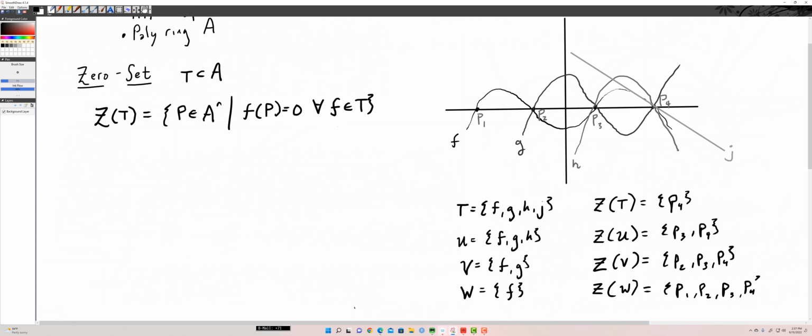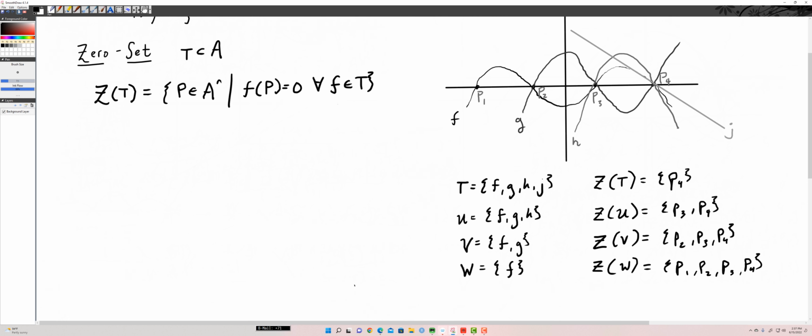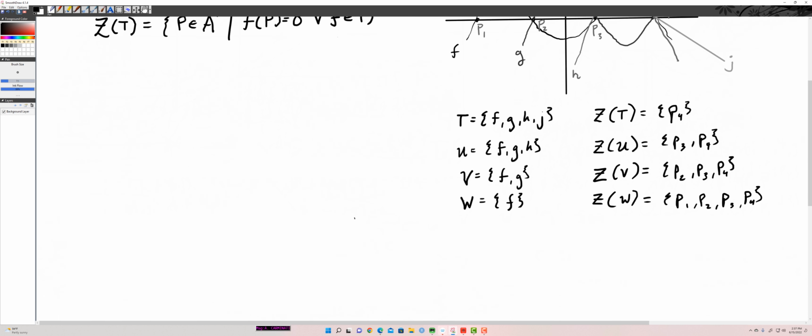Now obviously I've designed this in a way to demonstrate something very special about the inclusions of these sets. Notably, T contains U, which contains V, which contains W. F is in here, G and F are in here, F, G, and H are in here.